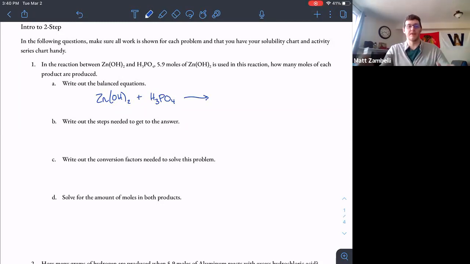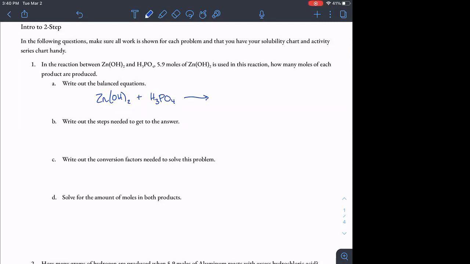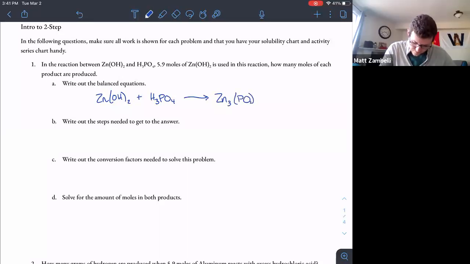What's my formula going to be? Zinc 3, phosphate 2. Awesome. Plus, all right, now we have an H and we have the OH. What's the charge on my H?